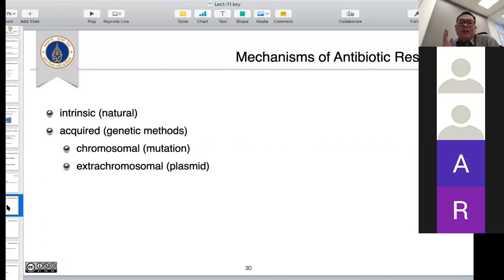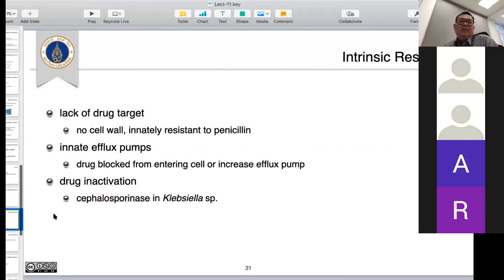Mechanisms to resist an antibiotic can be intrinsic, natural, or acquired. Acquired means genetic methods. Okay. Let's say intrinsic resistance. For example, penicillin attacks cell wall biosynthesis.